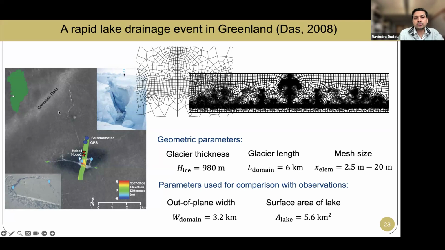So then we compared it with the data out of Sara Das's paper, where we took the ice glacier thickness, and this is the Paktisok region, I believe, of Greenland, where there's some GPS stations that were put. We have some data from that. And then we have some estimates of what the lake surface area is, and then the ice height and so forth.